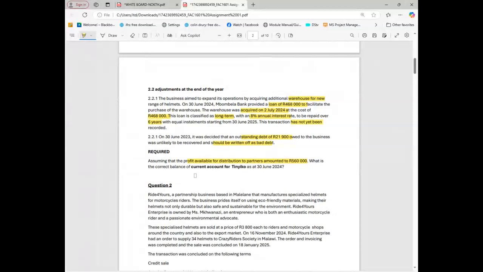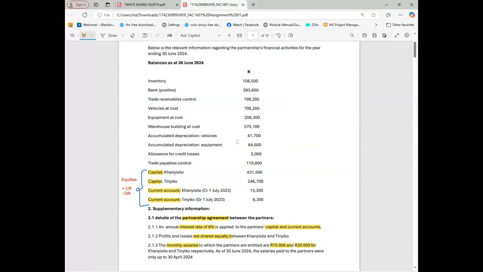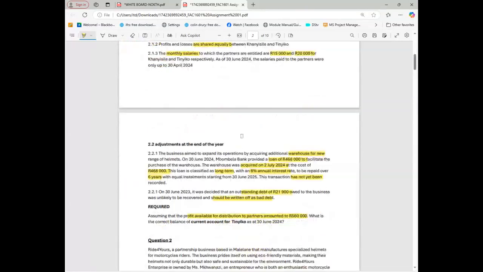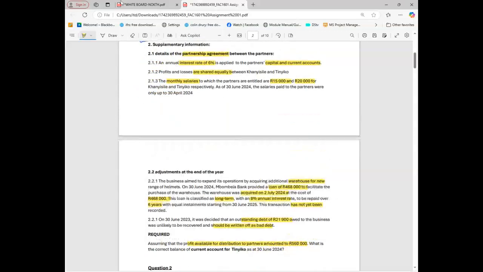And secondly, we need to make sure that we go and check. Remember, our accounting period is very important. So if I check here, our accounting period is as at 30th of June, meaning we started on the 1st of July 2023. Do you agree with me? This is our accounting period. Yes, I agree.